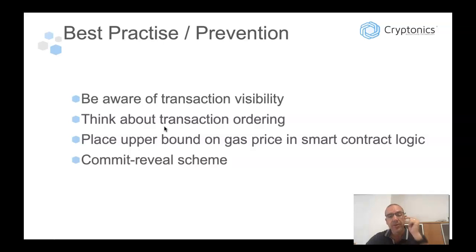So that way you don't reveal the actual number until after the commit transaction has been included in the block. That means anyone reading the transaction cannot front-run you, because they don't know what the information actually is. That's quite common, and it's often used in trading scenarios, random number generation, and gaming on the blockchain, and it works quite well.